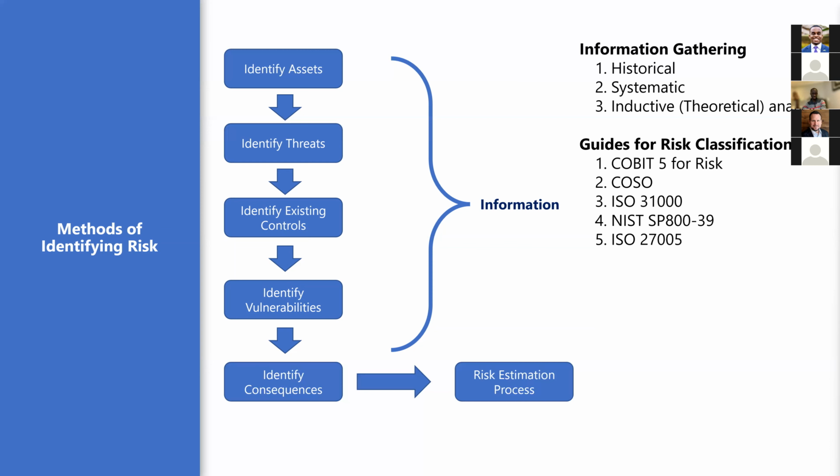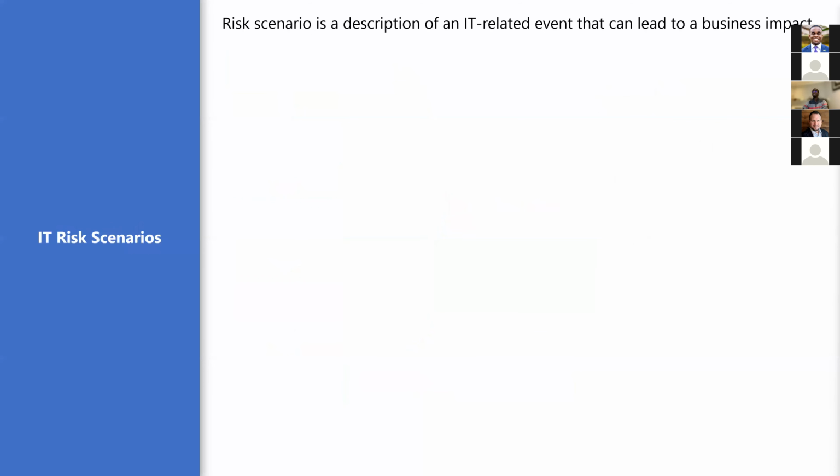You categorize your system. That's also part of risk classification. Determine if it's low, moderate, or high before you get to selecting the controls, which is more around the response side of it.